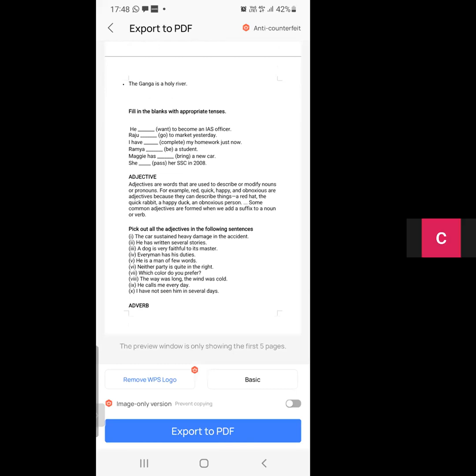Okay. He has written several stories. Several. Okay. A dog is very faithful to its master. Very faithful. Every man has his duties. Every man.